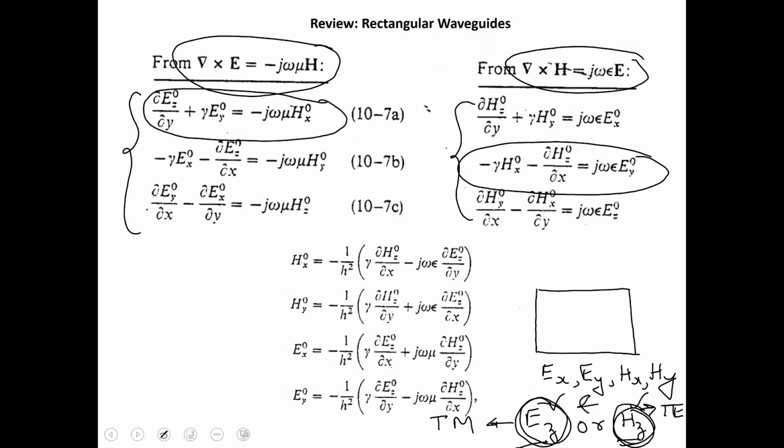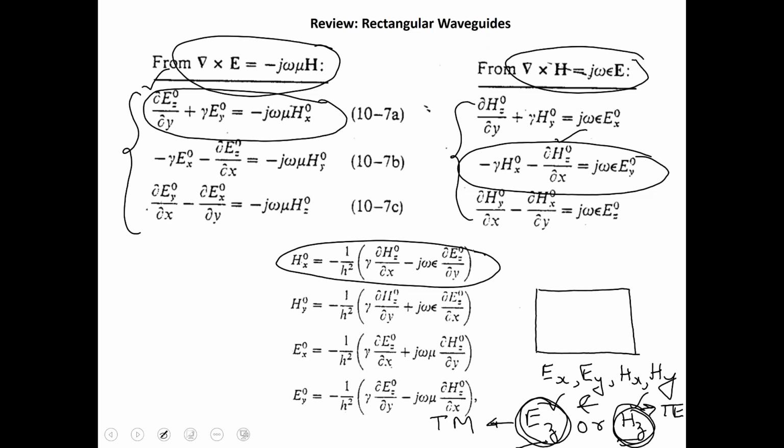If I take these two equations, they have a component of del Ez by del y and del Hz by del x. Ez and Hz are the ones which I'm going to solve with the Helmholtz wave equation. So by taking a component here, we can combine these two equations to write a single term in terms of del Hz by del x or del Ez by del y.